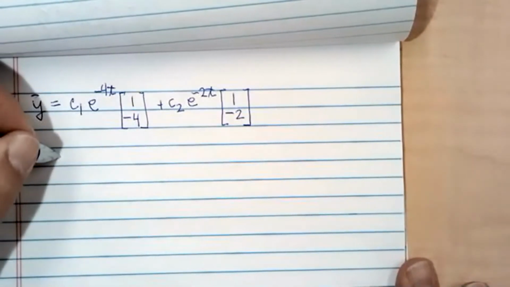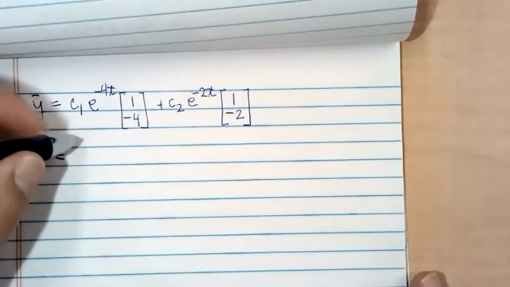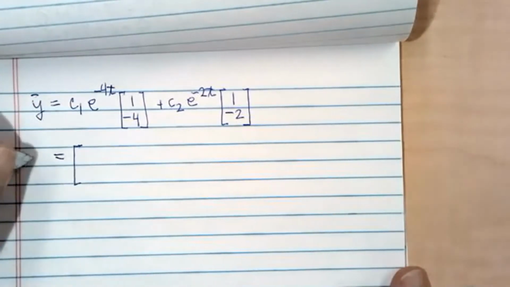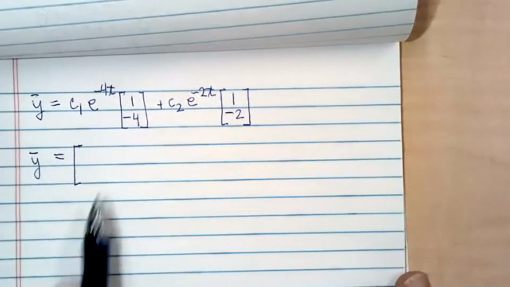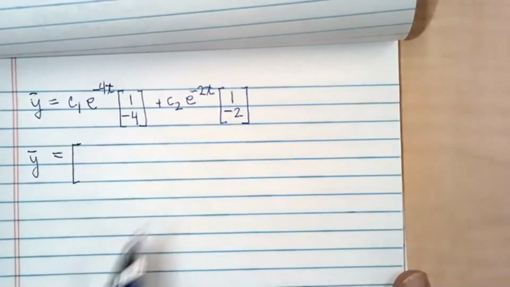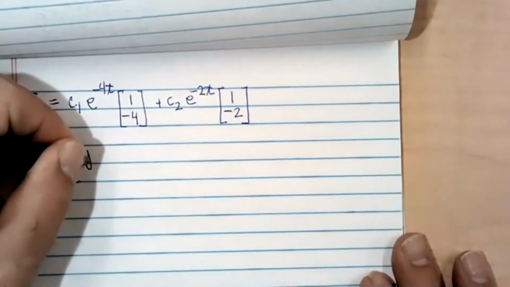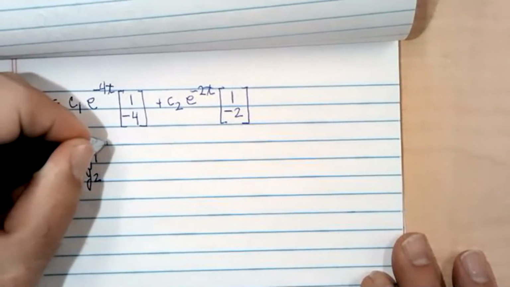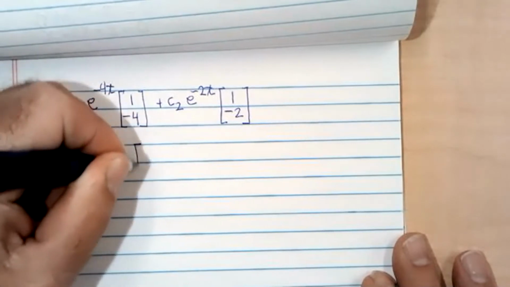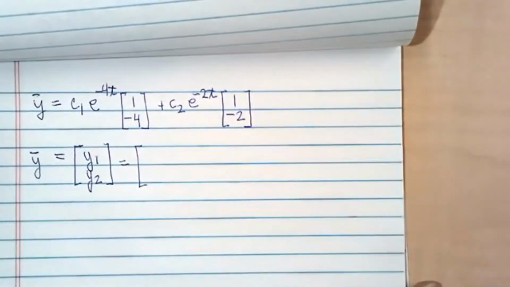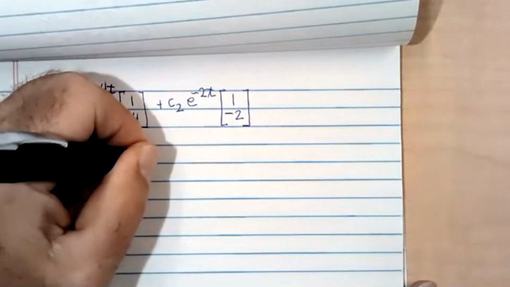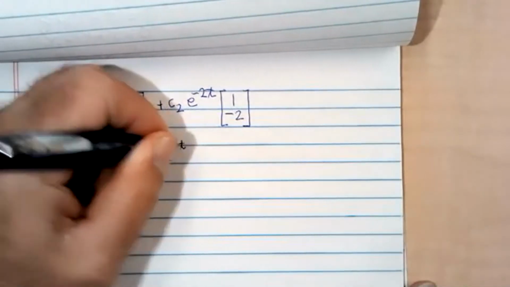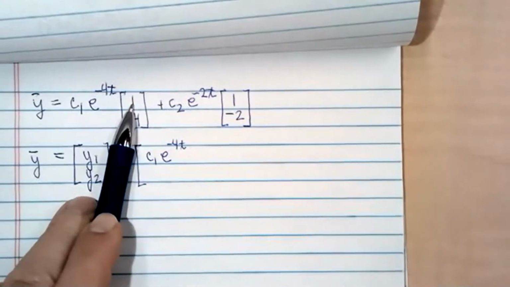Now, especially when you're just getting started, I think it is not a bad idea at all to take this extra step and just write out what this means line by line. Well, it means y1 and y2 are these. y1 is c1 e to the -4t times 1.